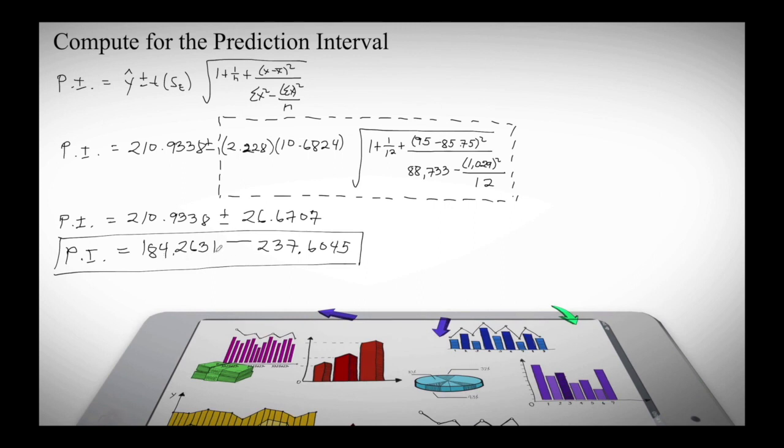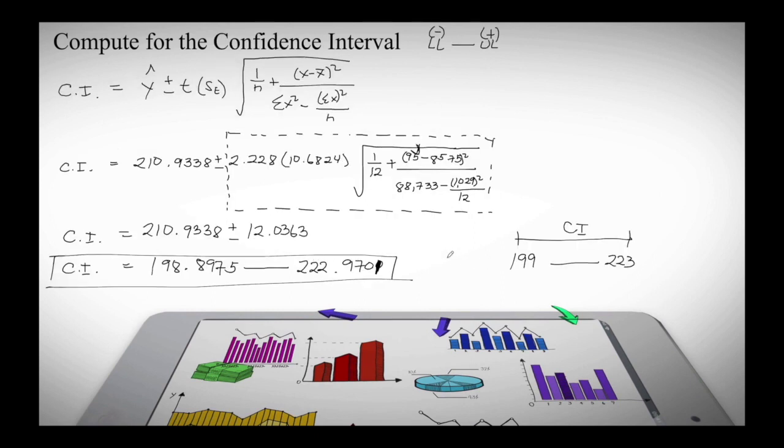For the PI, we have 185, rounding up again because of the decimals. Mathematically this should be rounded down, but since we are talking about fruit shakes as the unit, it's better to round up, so 185 to 238, to cover the decimals and still be sure in our prediction.